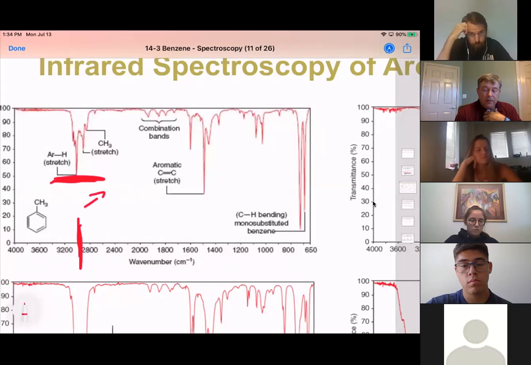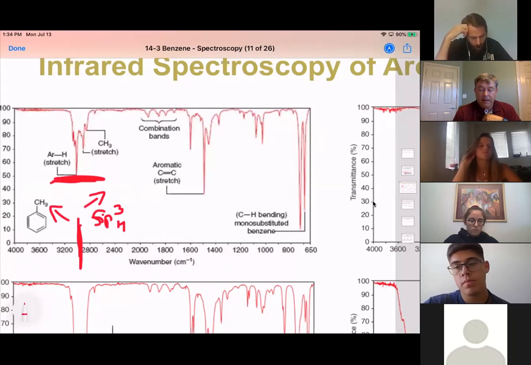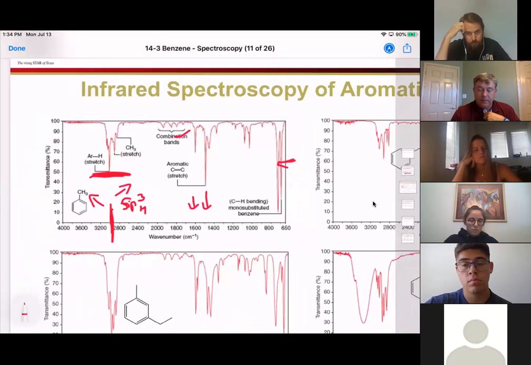Notice the ones below here, those are the sp3 hybridized hydrogens, and the ones above 3,000 tend to be the sp2 hybridized hydrogens here. And then we see nothing in this larger band until we get down to these fairly moderate peaks in the 1,500 range. And then of course we have some stuff in the fingerprint region right here.